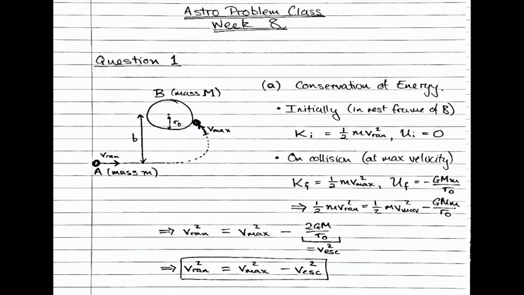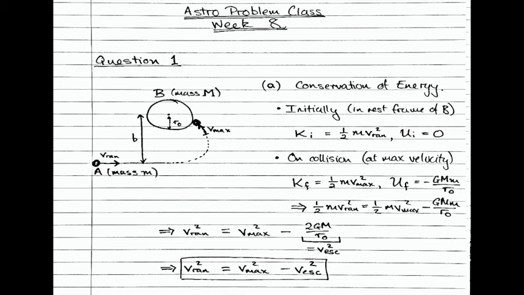There's also an escape velocity, which you've calculated loads of times, given by the square root of 2GM over R0. To put those together, we work in the rest frame of B. The potential energy initially, if A is really far away, is 0, and the kinetic energy is just a half m v_ran squared.